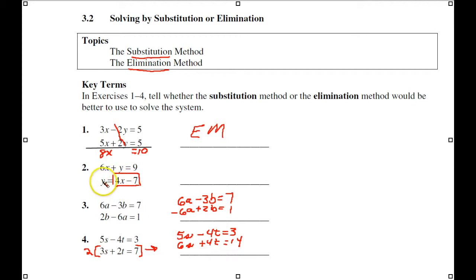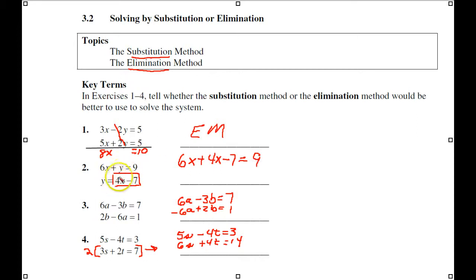So if we take this value for y, 4x minus 7, and then rewrite this equation, it becomes 6x plus, and there's our y, and we say y equals 4x minus 7, and that equals 9.